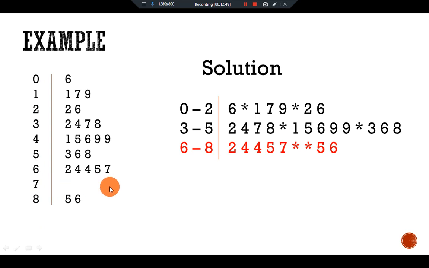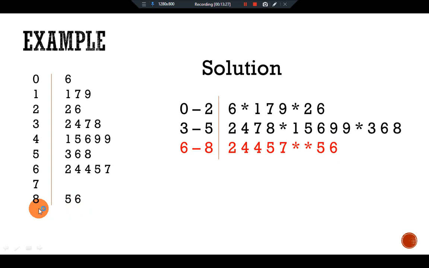So there is no leaf for the 7, and for this we can put 2 asterisks here. These 2 asterisks represent that there is a stem which doesn't have any leaf, and after that we put the leaves of the others. So here 5 and 6 represent the leaves for our stem 8.